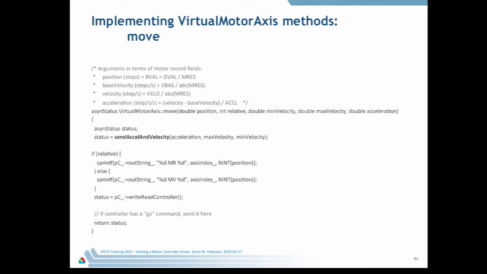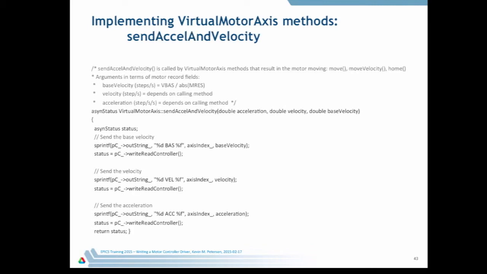Many of the drivers will use a send accel and velocity method, which is internal to your driver, because all of the move commands are going to set the velocity and the acceleration, and you don't really want to have to repeat that. This saves code. You can just call this method and it does the job.